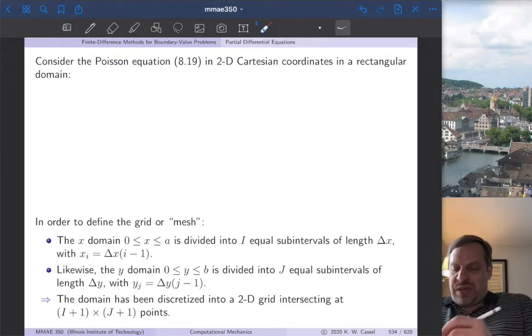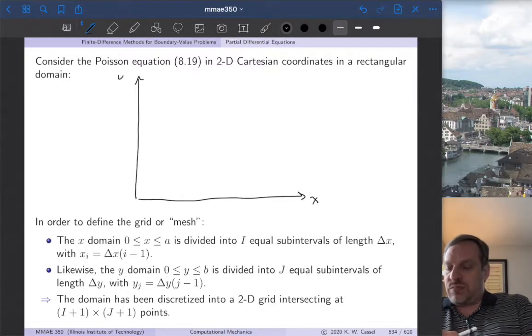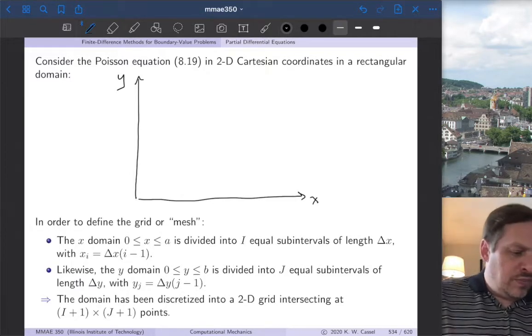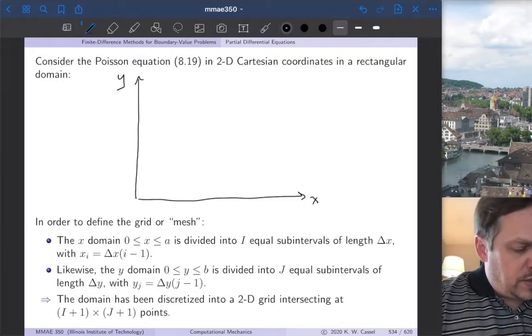So now the domain is two-dimensional. So in Cartesian coordinates, it's going to be x and y, not just x. So our domain is going to be a bit more complicated looking. Along x, it's going to be the same.